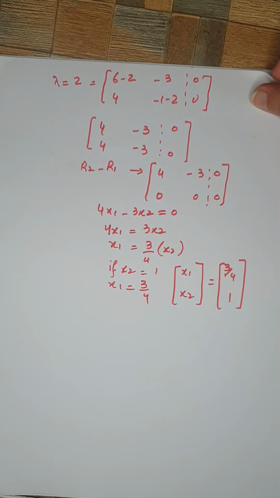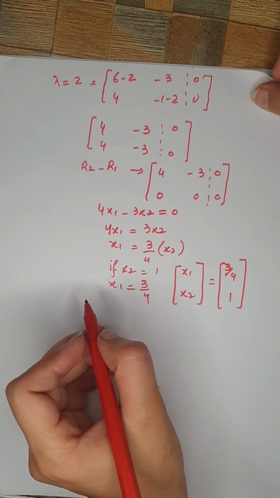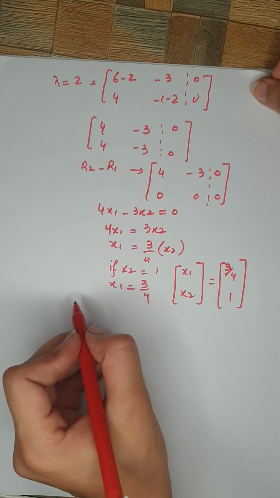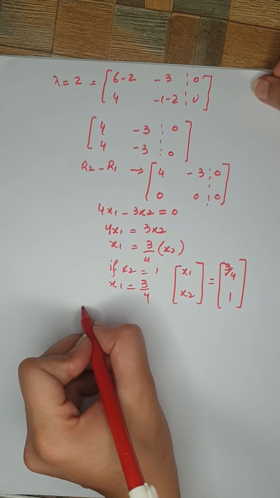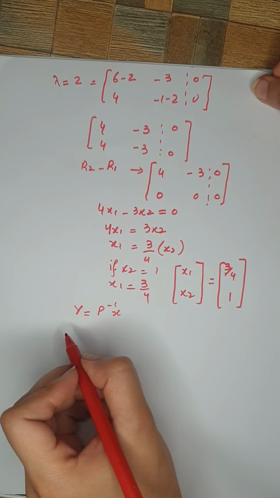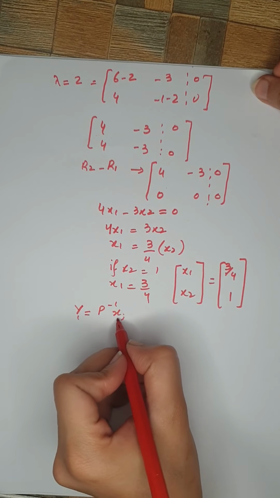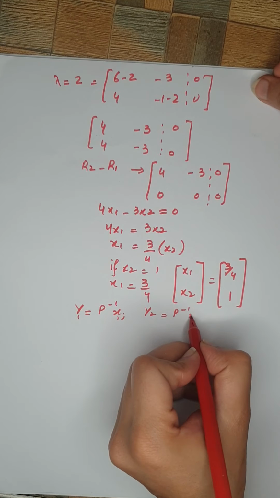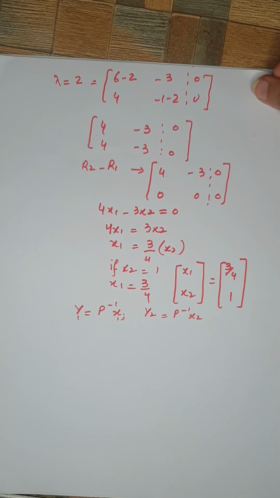Now let's verify, or let's determine, the eigenvectors of the similar matrix. By the theorem we know that the eigenvectors of the similar matrix are related by the relation y1 is equal to P inverse x1, and y2 is equal to P inverse x2.